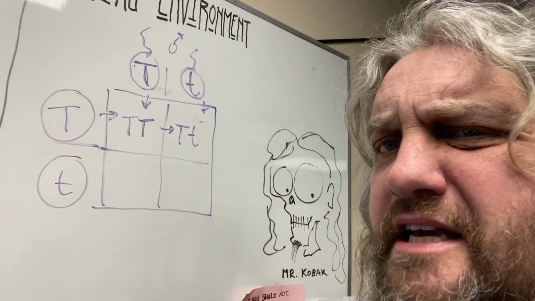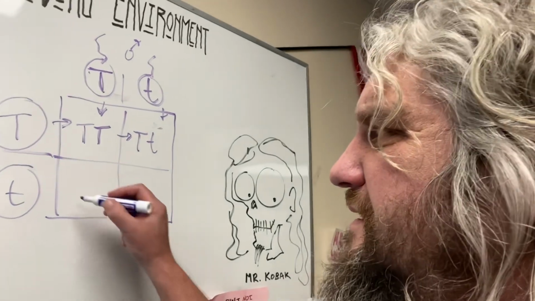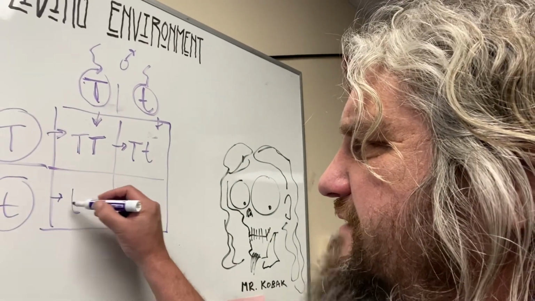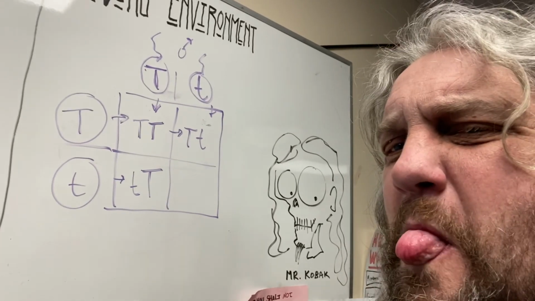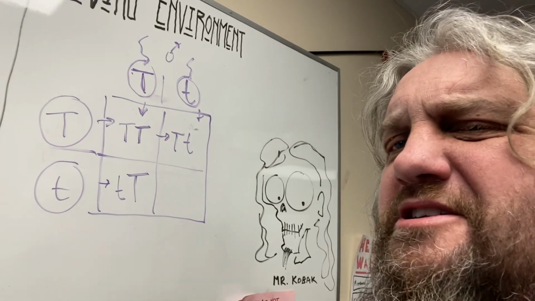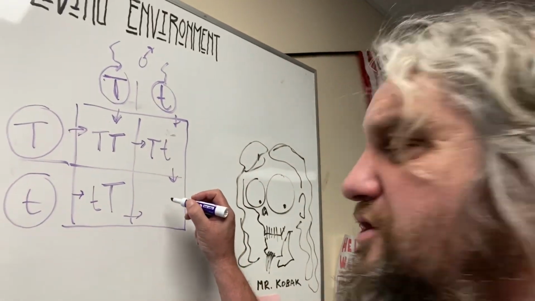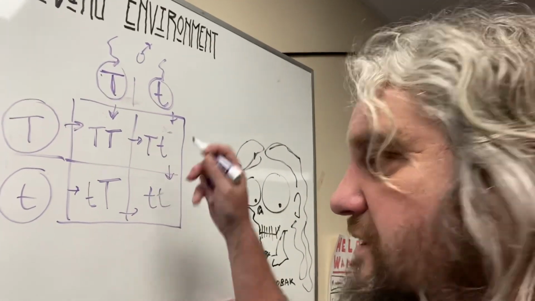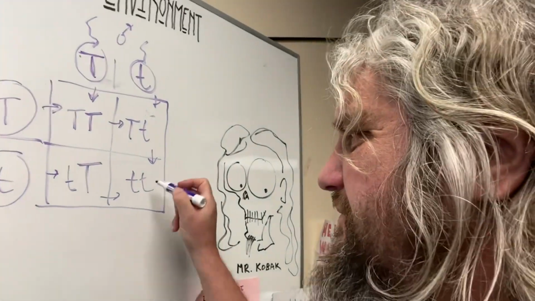That's a heterozygous baby, but still tongue out. In this one, you're going to get little t from mom, big T from dad. Another heterozygous baby, but still tongue out, because tongue out is dominant. Only in this last box will you get the 2 little t's showing up. And you'll get a crazy psycho baby, the mutant, the only one that'll show up.